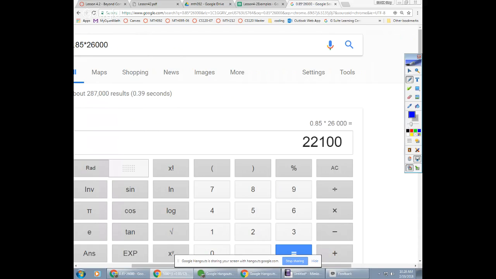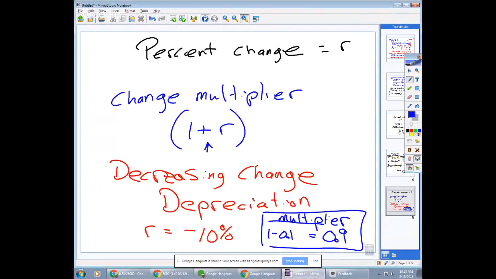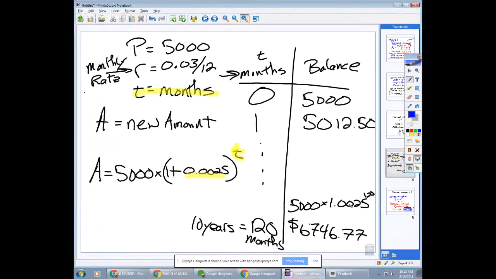So there has to be an easier way to jump from 2 to 5. Yeah, how did we jump to 10 years later without doing all the months in between, all 120 months? Yeah, we had to use an exponent.